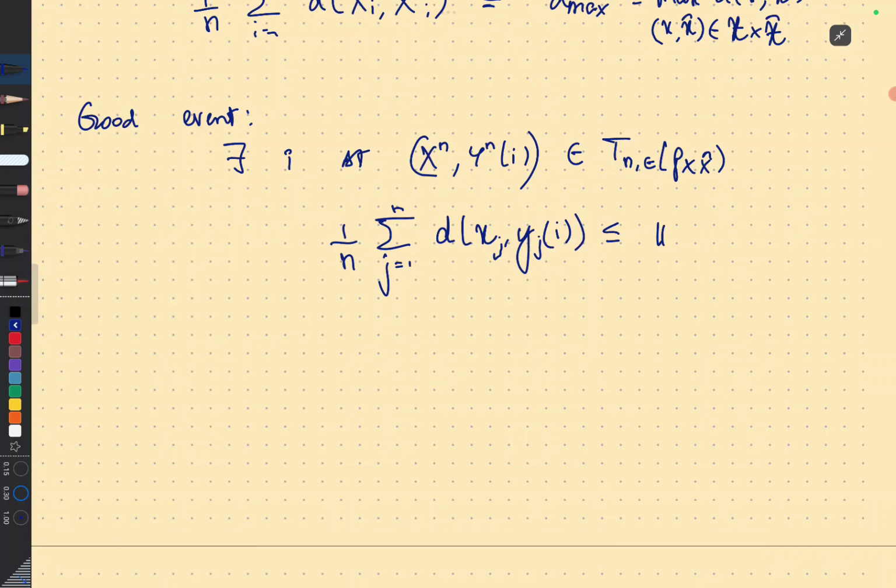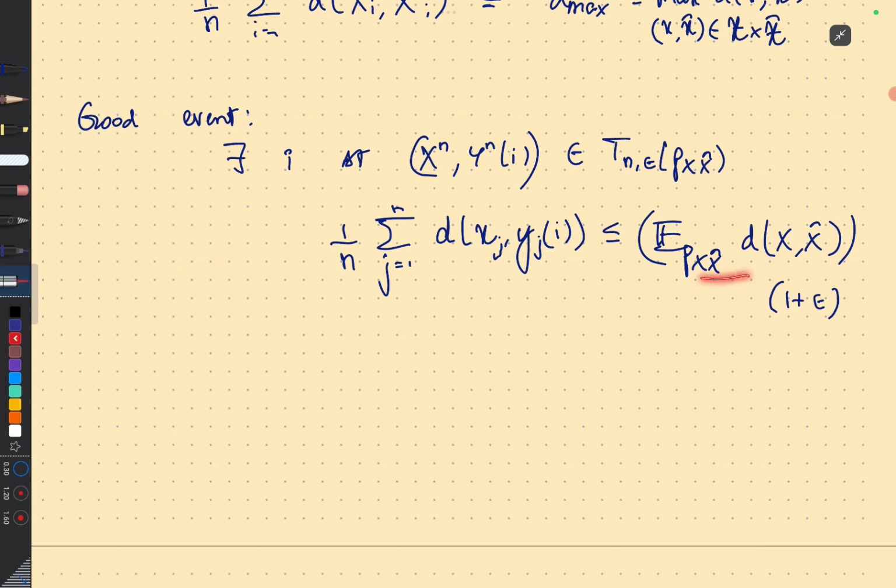So this is less than or equal to the expectation taken with respect to p x, x hat times 1 plus epsilon. But how did we choose p x, x hat?